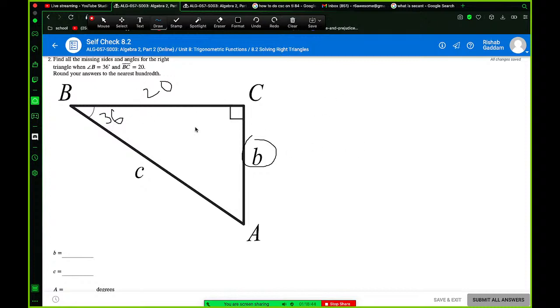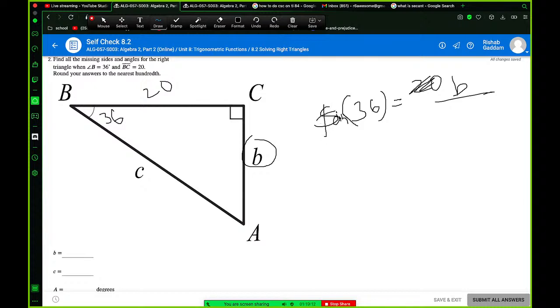So this is the opposite. So you're gonna use sine. Sine of 36 is equal to... actually, no, you're gonna use tan.